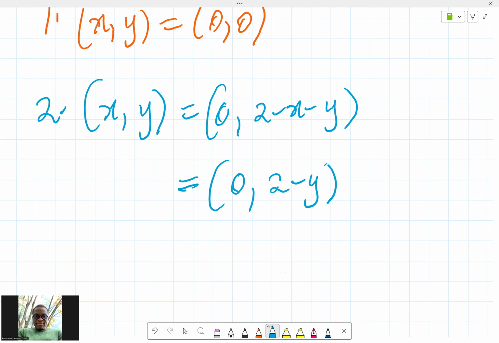And for this also, y is equal to 2 - x. Trying to see what we do here. So x is 0, and then we have 2 - y.